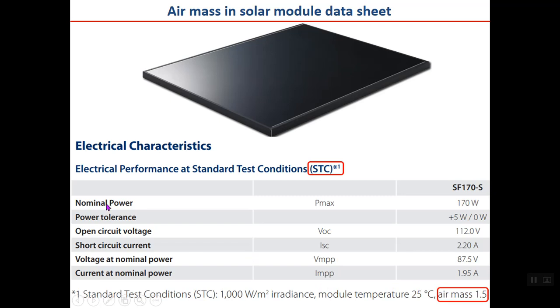The meaning is that this special solar module, which has a Pmax, or maximum power, of 170 watt, will give you this 170 watt only if you have this radiation, this module temperature, and this air mass. If any of them varies, then the value of 170 will also vary, and this is very, very important. We will come back to it later.